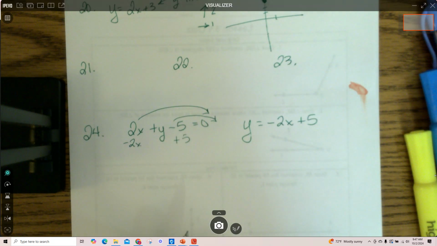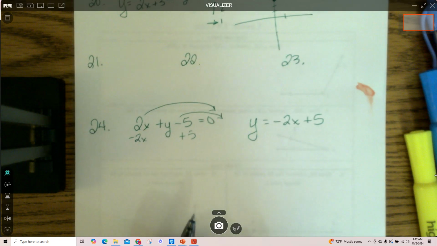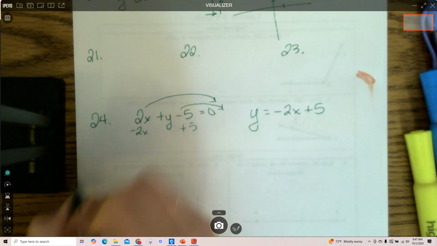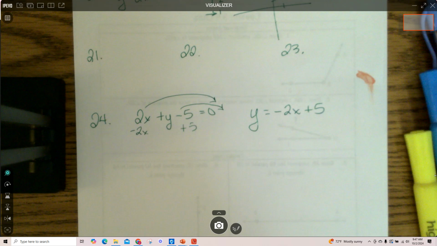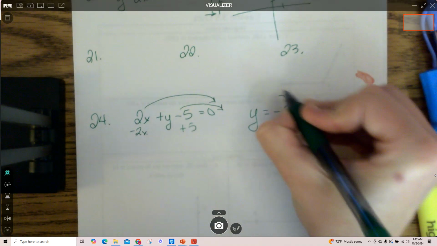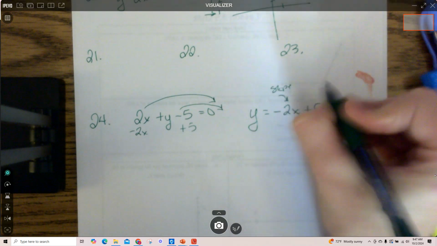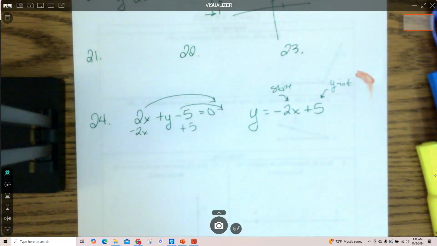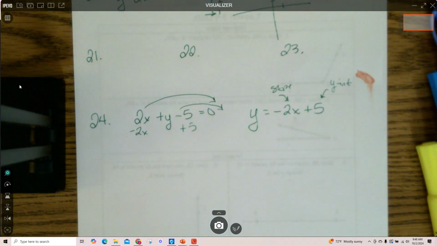The slope is negative 2 and the y-intercept is 5. There are three parts: slope intercept form, slope, and y-intercept. That's not bad at all.